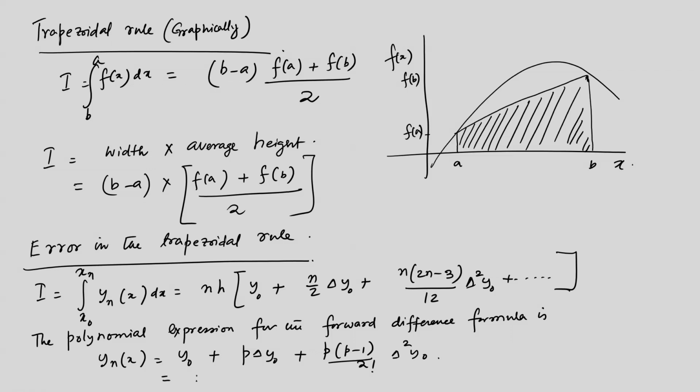So, this can actually be written as T 0 plus T 1 plus T 2 and so on. So, in trapezoidal rule, terms from T 2 onwards are neglected.